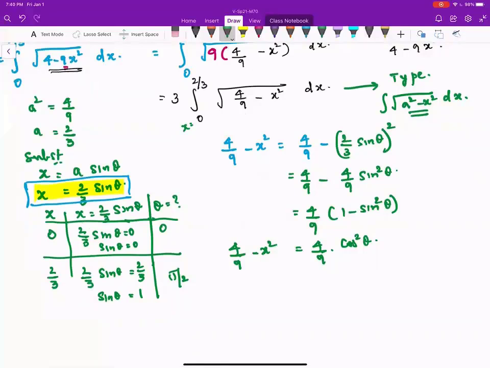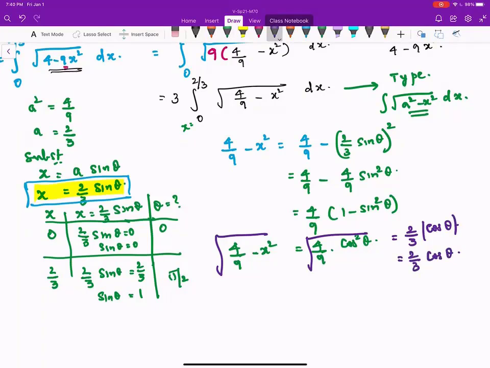So if I take the square root, because that's what the integrand is, you get 2/3 of absolute cosine theta. With our usual restriction on theta, from negative pi by 2 to pi by 2, absolute cosine theta would become positive cosine theta.